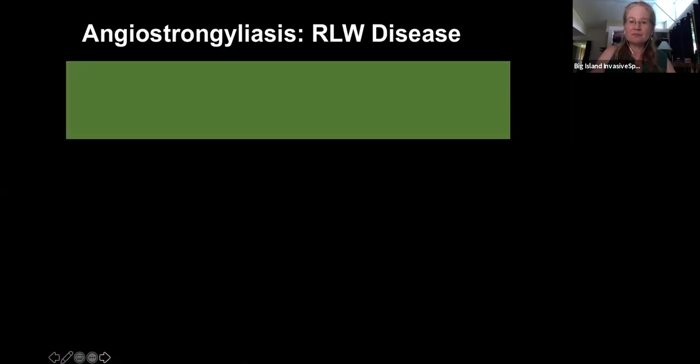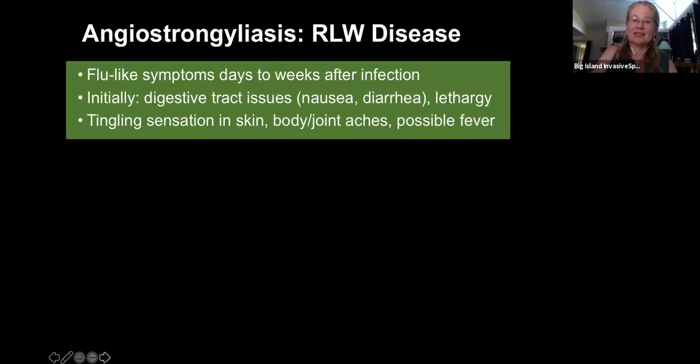Okay, so now we'll get a little bit more into disease. Most cases of Angiostrongylus resolve without medical intervention. They're mild. The worms never make it past your gastrointestinal system, and so there's this flu-like kind of feeling. Most people don't even know that what they had was rat lungworm. And there's a little bit of support for this.